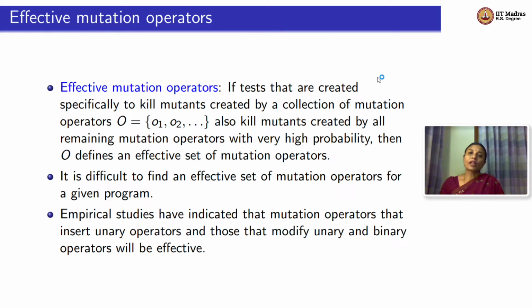So you might ask, if there are so many mutation operators available for a programming language at the unit level and at the level of call interfaces, how do I know what is good and what is bad? When are mutation operators considered to be effective? Typically, people write test requirements to say that these are the mutants that you should do.